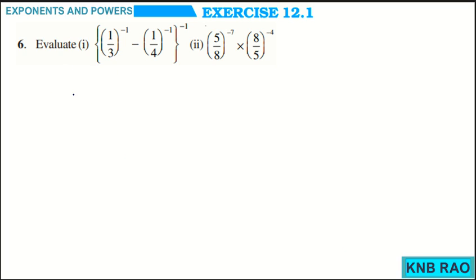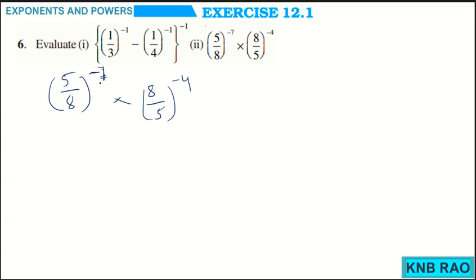In subquestion 2, (5 by 8) whole power minus 7 into (8 by 5) whole power minus 4. This set of questions we solved already. Of the two negative powers with different bases and different powers, if you observe, the bases are reciprocal to each other, 5 by 8 and 8 by 5.